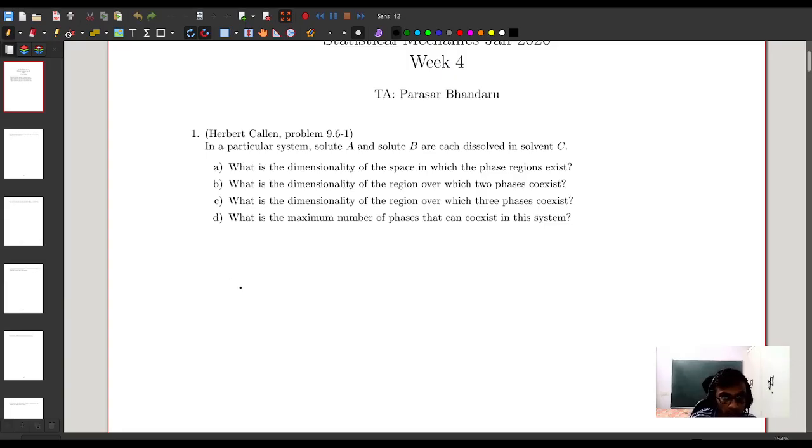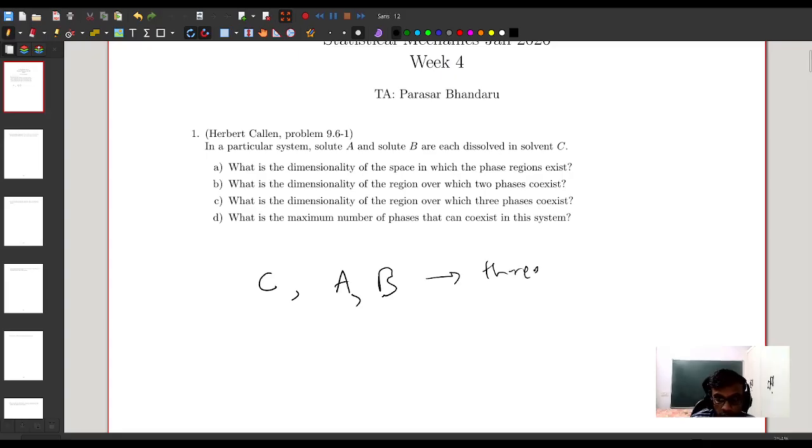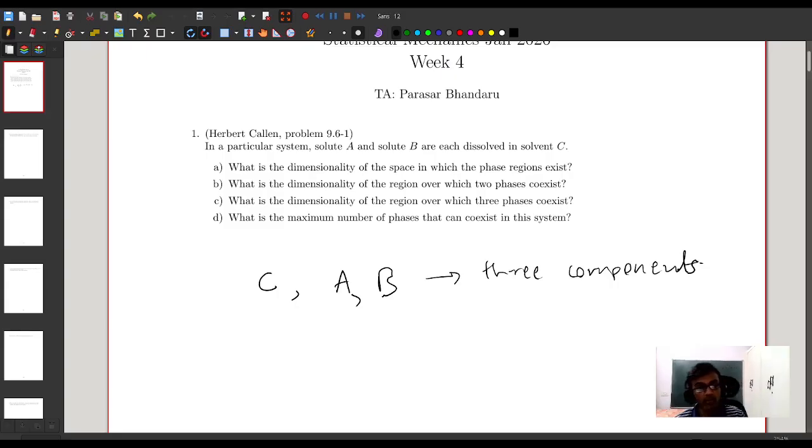There is a solvent which is called C, and two solutes A and B. So all in all, there are three components in this system, and we have to find the dimensionality of various surfaces or manifolds.